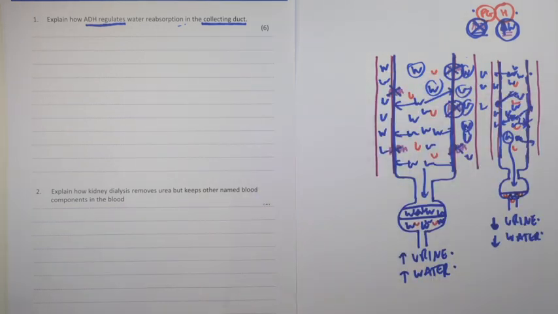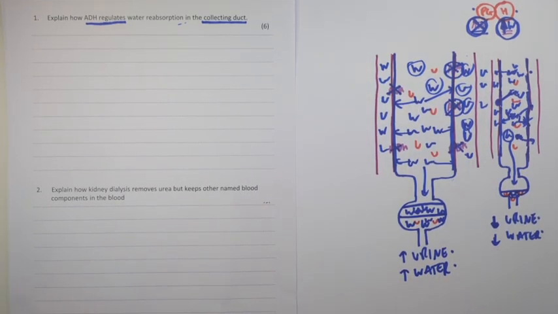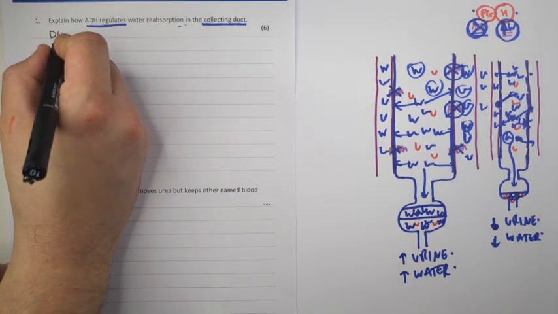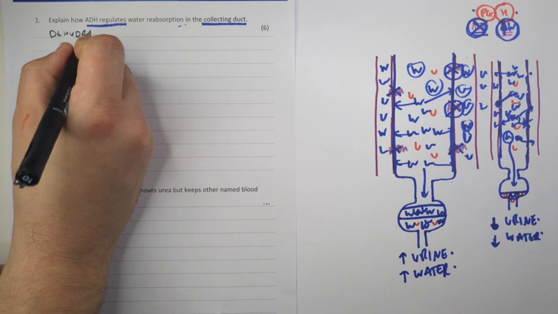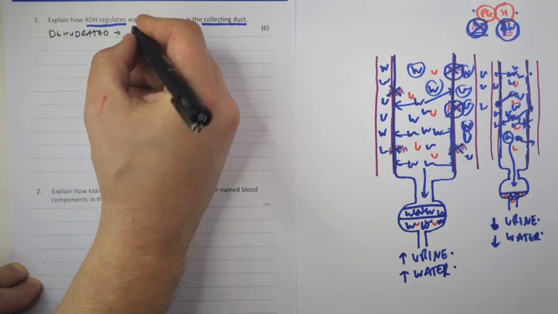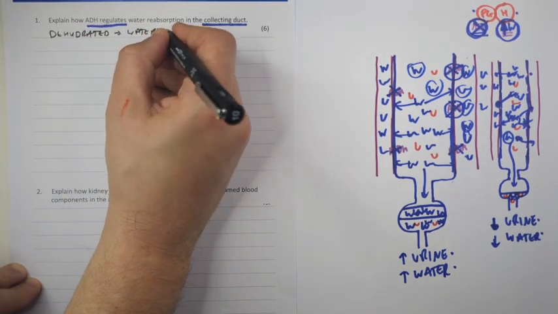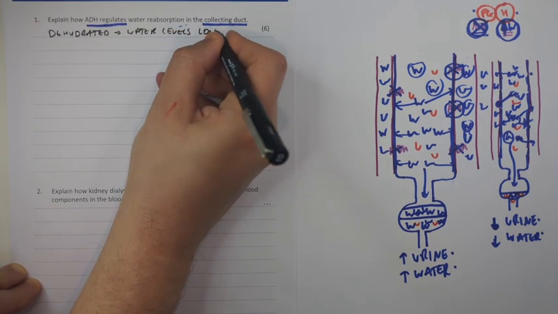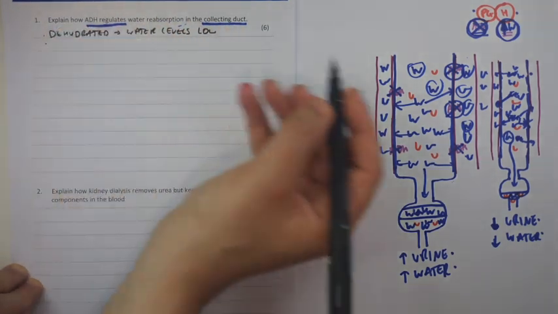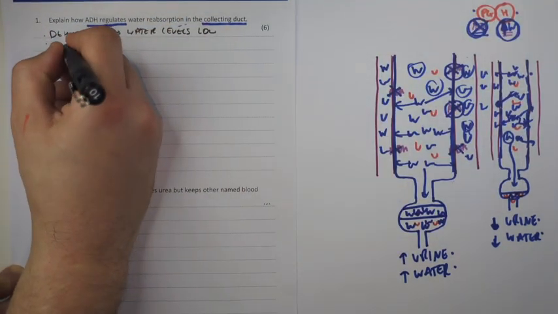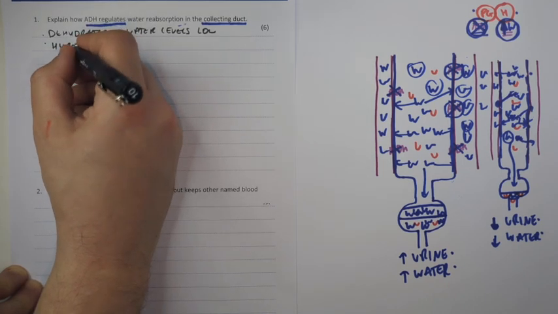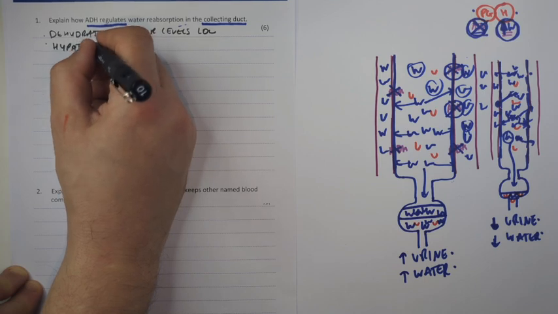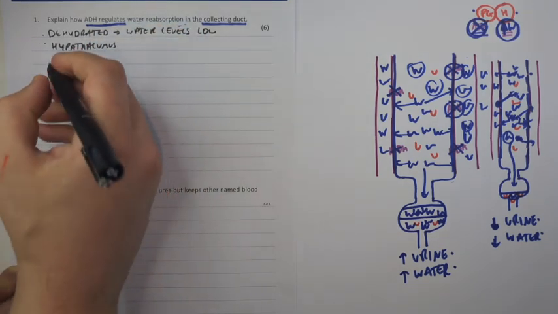Right, stop there. So now let's go through the answers. If you are dehydrated, which means water levels too low, the hypothalamus detects that.